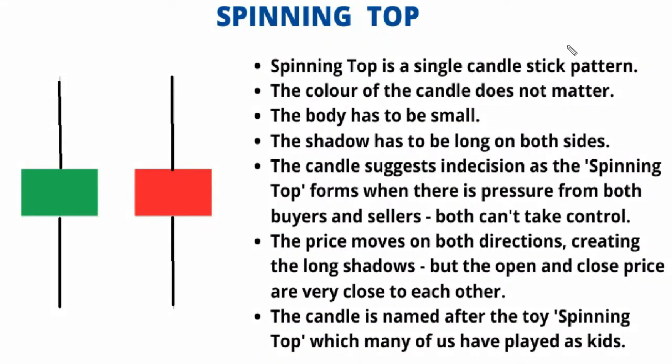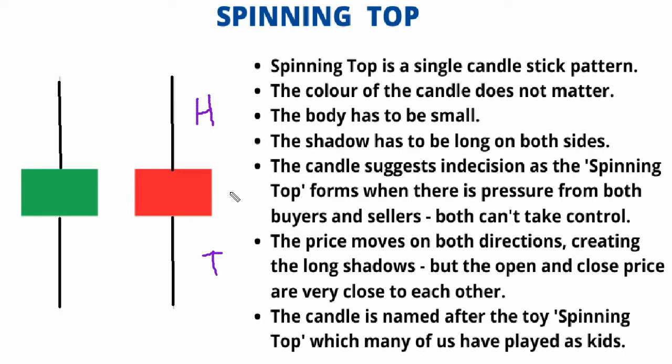Now we will talk about the spinning top. In this candle, as we can see, the head and the tail are almost equal and bigger than the body. The ratio of head to tail is almost 1:1 and the ratio of head to body is around 1:2 or more.